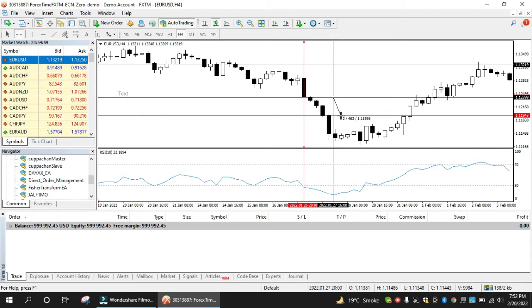I'll explain in another video how those pips and points are calculated. And let's say that if the price goes down to this point here, we open another buy trade, and if we are still in the losing trade, we keep doing that.